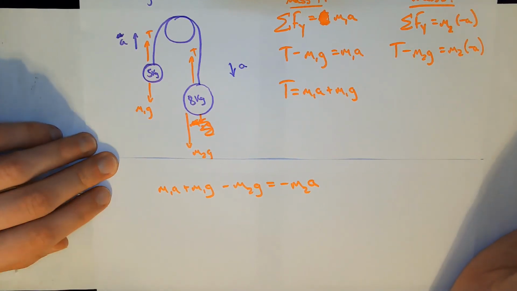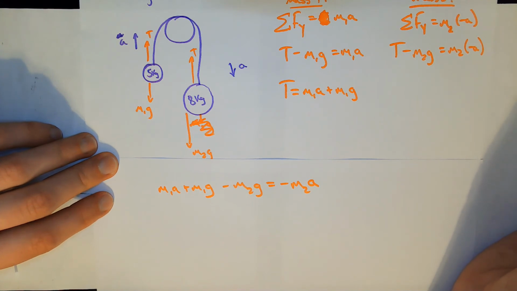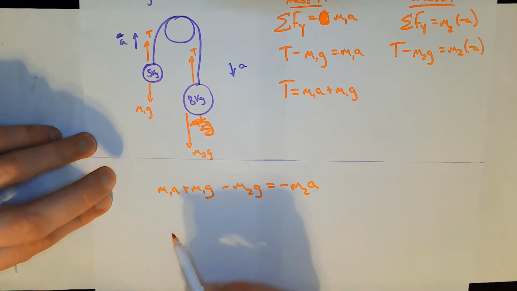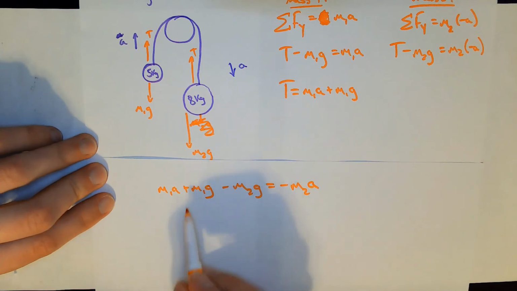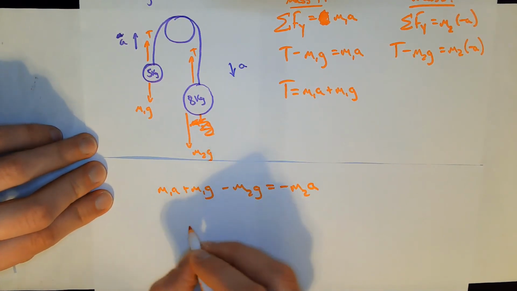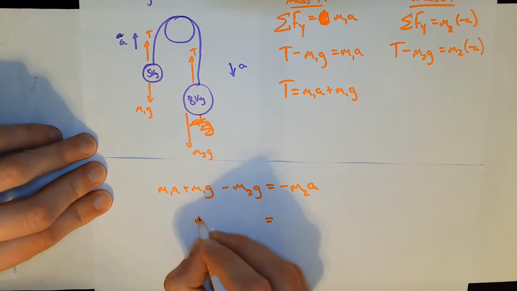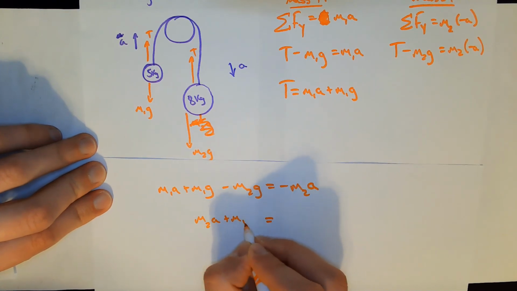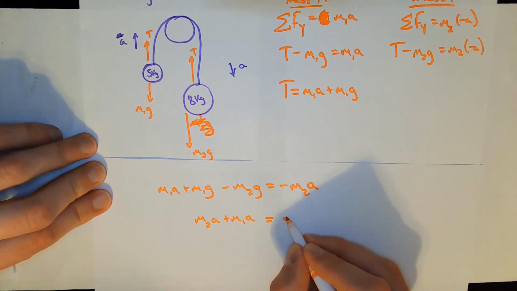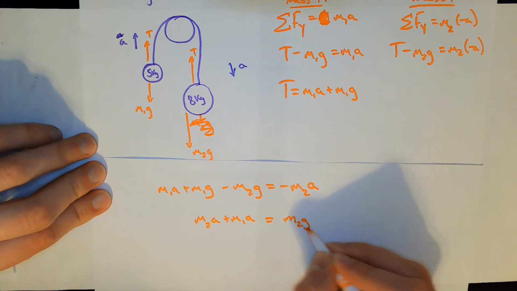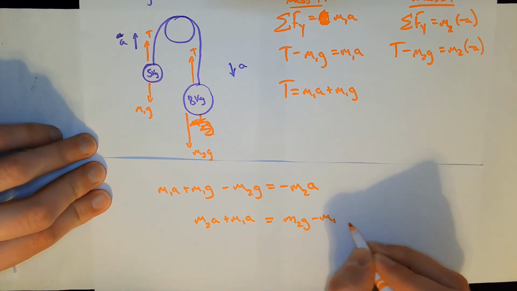And now I'm going to solve for A. I'll add this term over and subtract these two. So I'll have, in the end, M2A plus M1A equals M2G minus M1G.